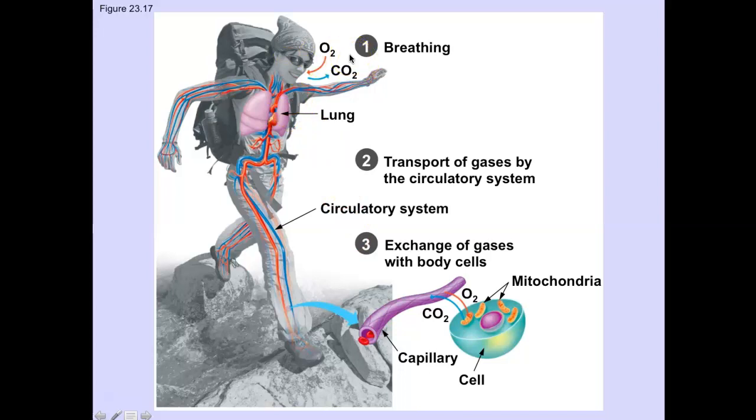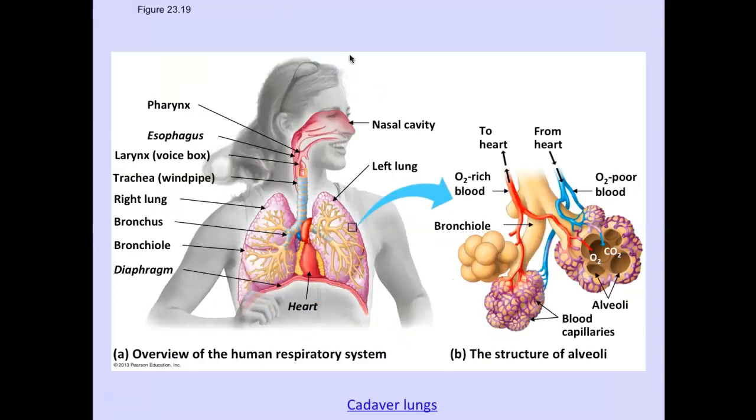So let's look at the anatomy of our respiratory system. Okay, so I already talked about hemoglobin, so I'm going to skip that condition. We talked about anemia, which is what number 3 is talking about. Letter C, anatomy of the respiratory tract. Number 1, the pharynx. So the pharynx is what we call the throat.